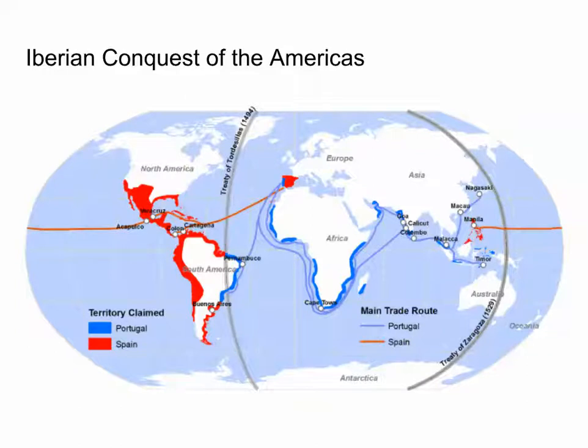And it's important, again, this is a term you need to know for the quiz. The Treaty of Tordesillas. So the Treaty of Tordesillas occurs in 1494, and essentially what this did is it was negotiated largely by the Pope.